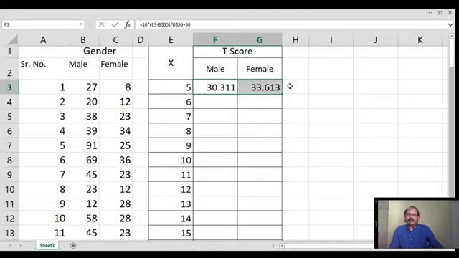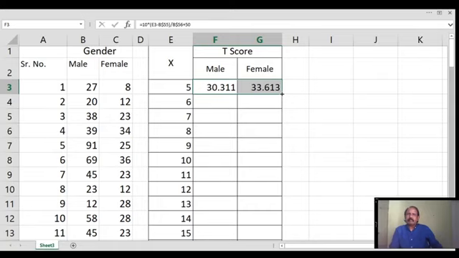Now look at the screen. I am bringing the cursor to the lower right side of the selected cells. As soon as I bring the cursor over that tiny square, the shape of the cursor will change and it will become a plus. When it becomes a plus, I will click twice.